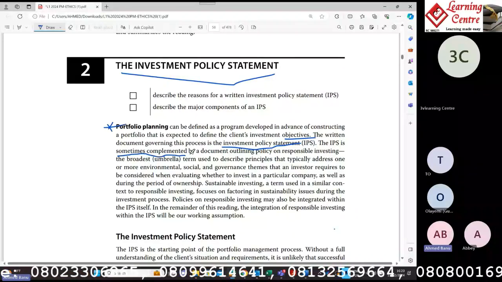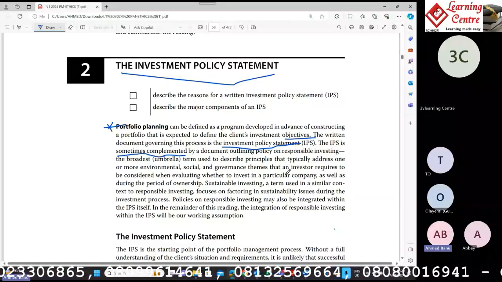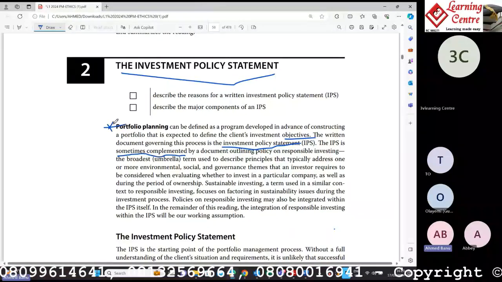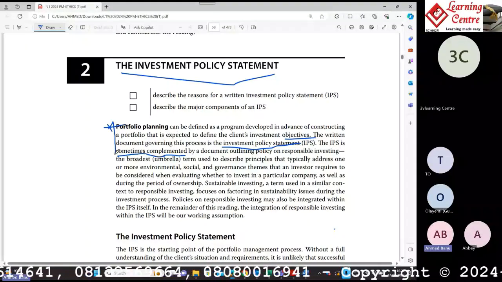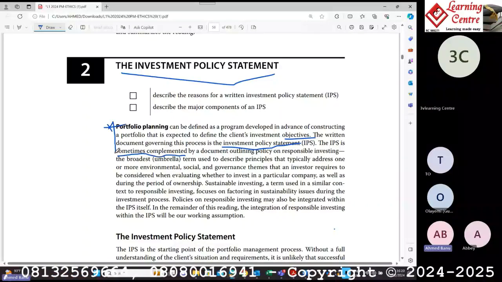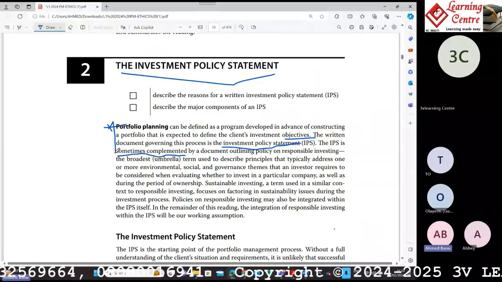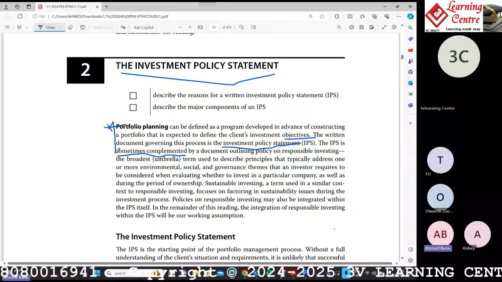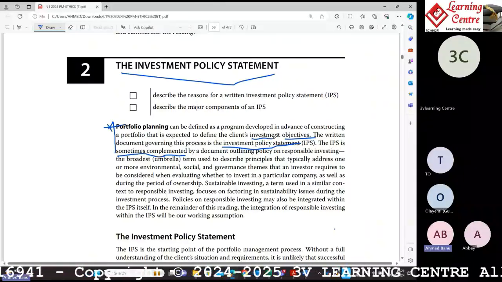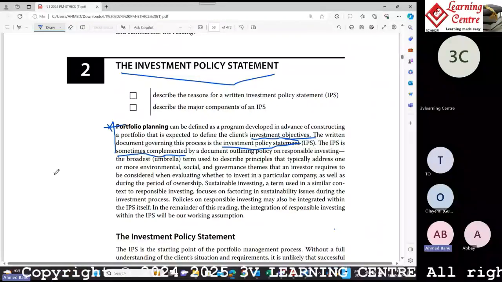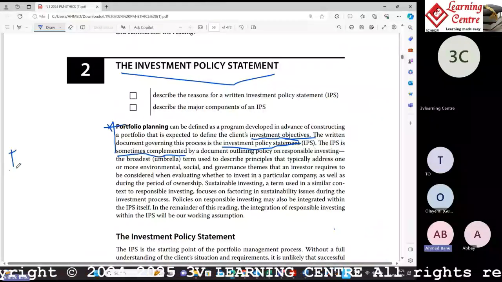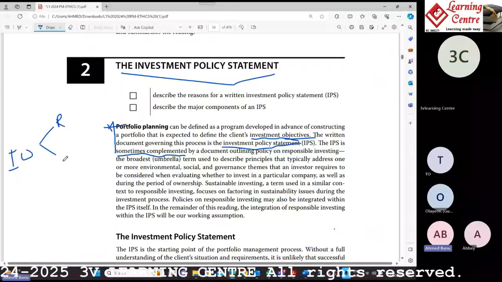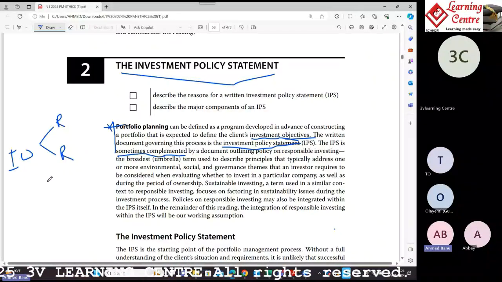So all this is, sorry to say, all this is story. Basically, what they are saying here is portfolio planning is what you do before you go into construction. And the essence of portfolio planning is to determine your client's investment objectives. Your investment objectives, which I'll call IO, cut into 2 things: your risk objective and your return objective.